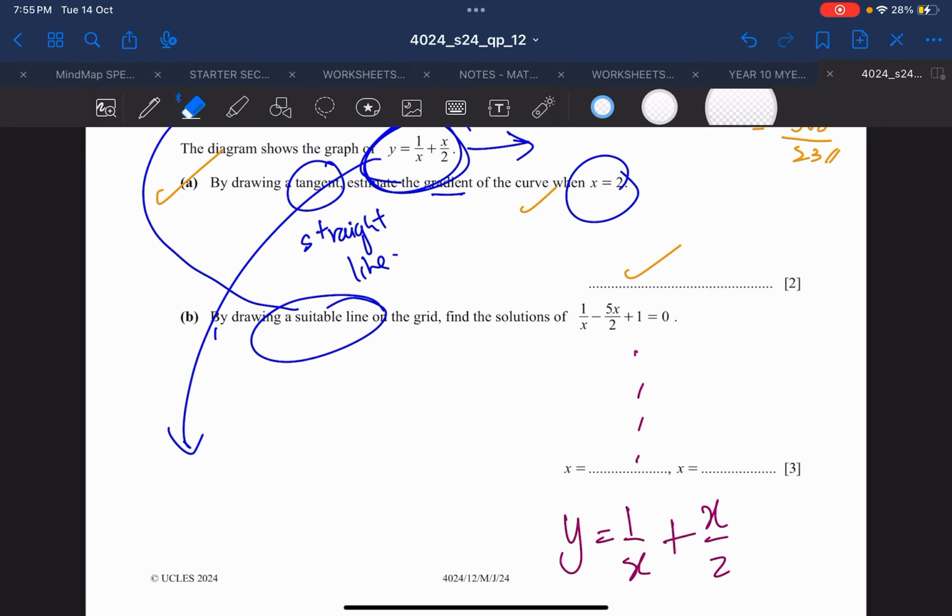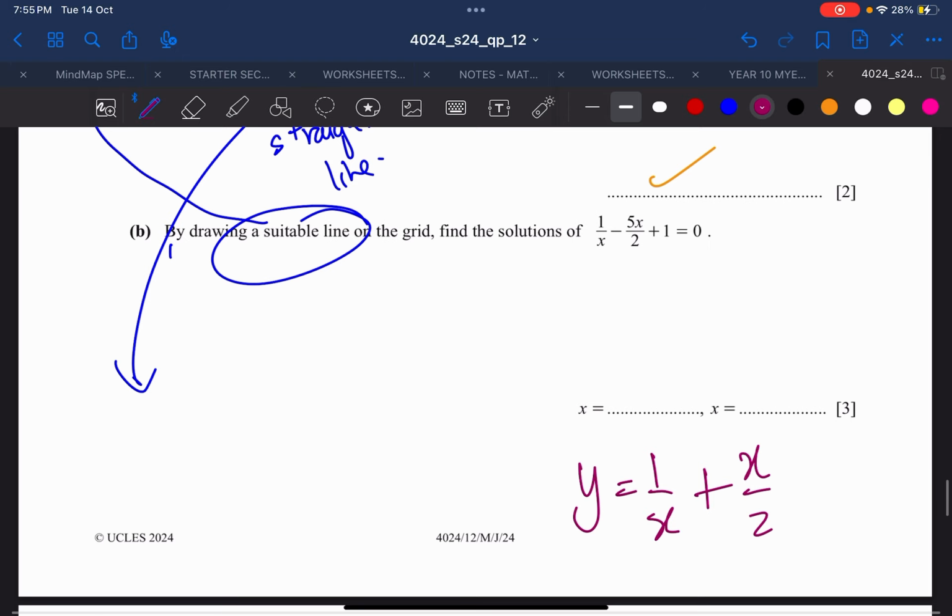Okay, so let's do a comparison. The first one is 1 over x. Also 1 over x, so we don't need to bother with it since it's already there. We leave the first part of the equation like that.